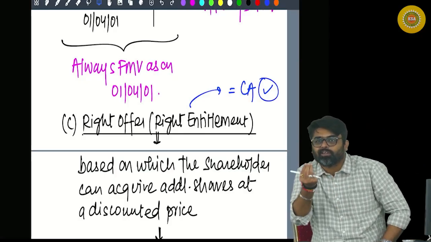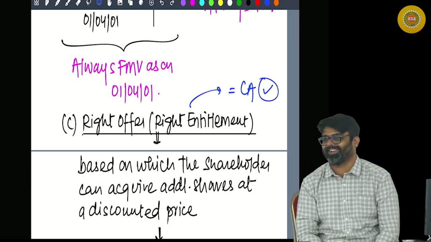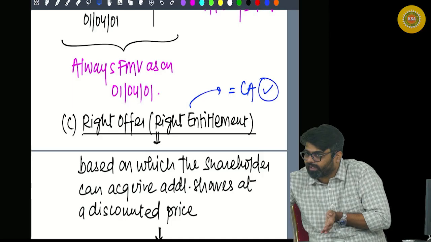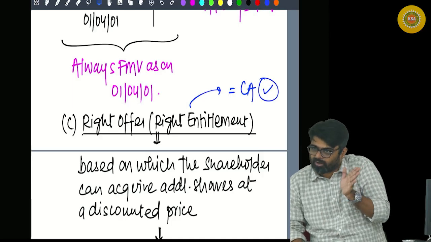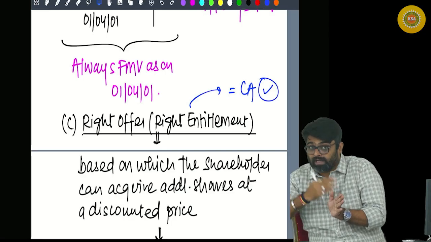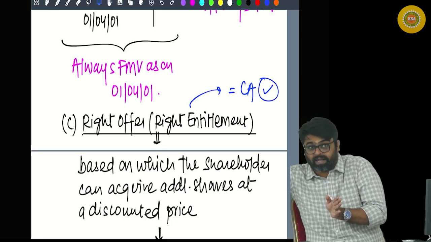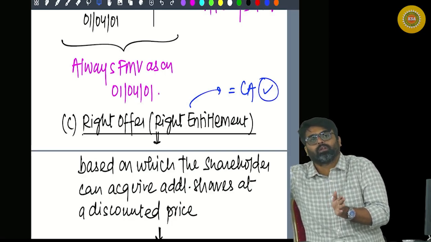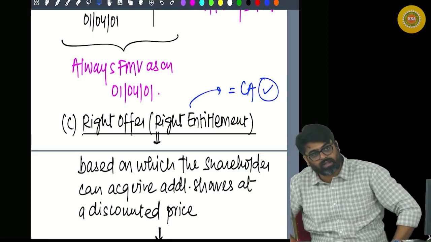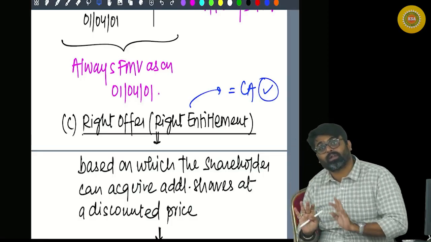always some days only. Because the company has given you 15 days time to exercise. So from the date of offer, 15 days, yes or no? So will you hold it beyond 15 days or will you renounce within 15 days?